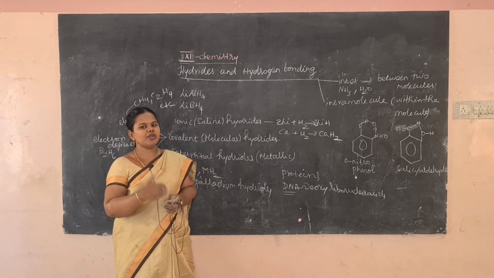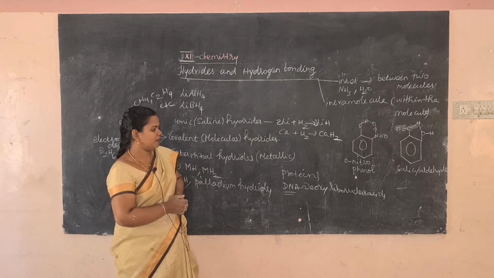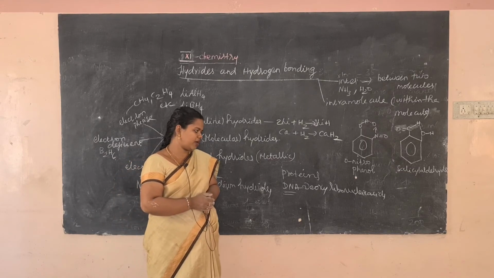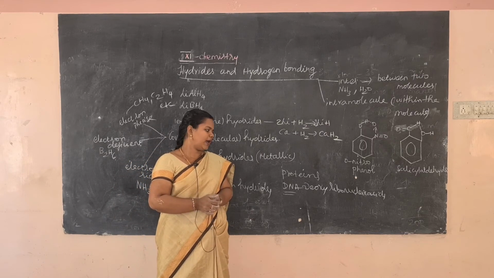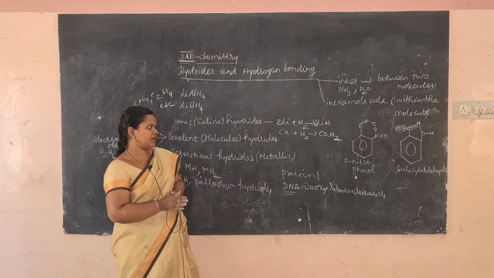We also saw the stability and strength of the hydrogen bond, and examples in day-to-day compounds: protein, water, carbohydrates have hydrogen bonds, and in deoxyribonucleic acid the two strands are connected by hydrogen bonds.